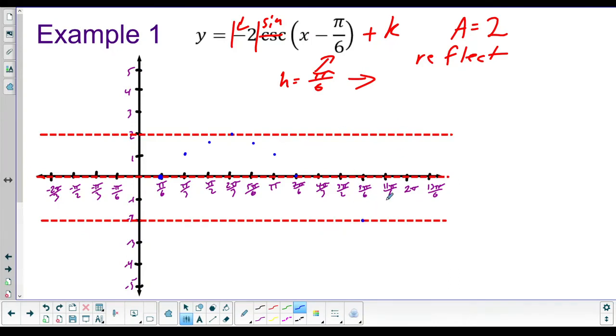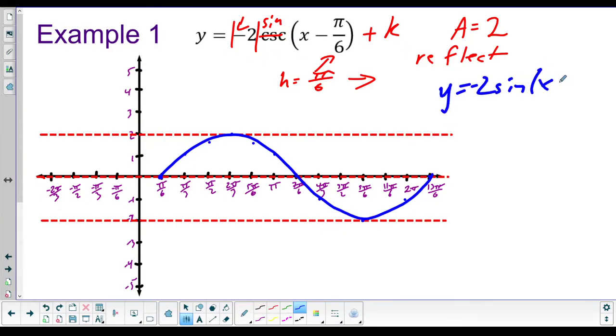Down to the minimum, back to 0, half, and then we have our sine function. Okay, so that's about what y equals -2 sine of x minus pi over 6 would look like. The reason we want this is because this will give us a good guide for our cosecant graph.